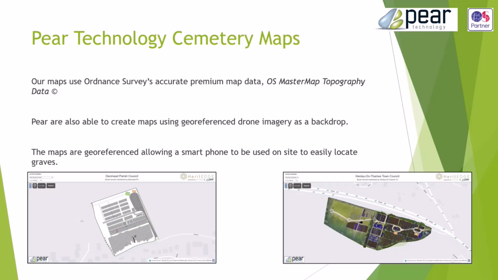Using the MasterMap data means that all the maps we produce are geo-referenced and that they can easily be combined with other data sets which are geo-referenced as well, such as aerial imagery, drone imagery, and can be used on site with GPS devices. I'll come to some examples in a bit about those.